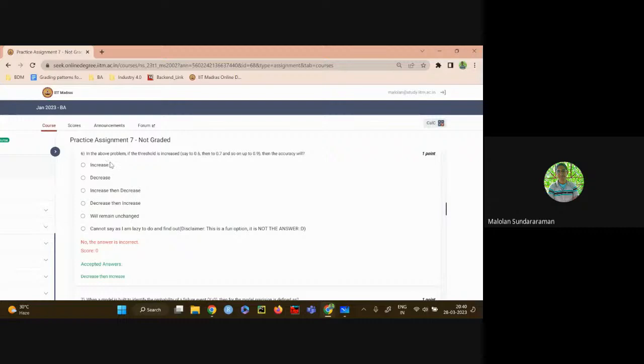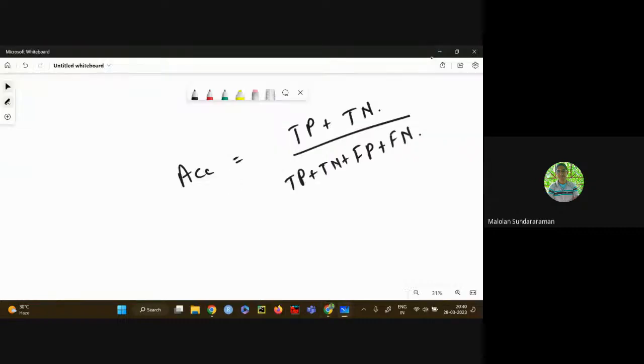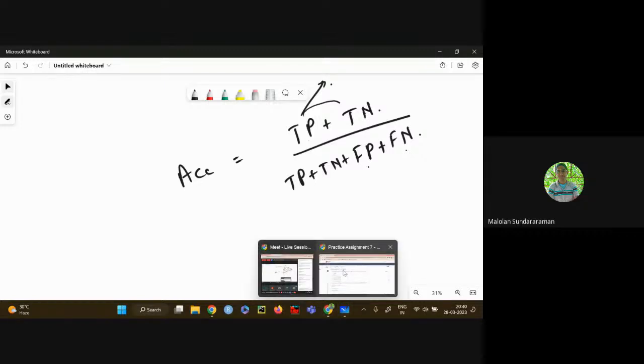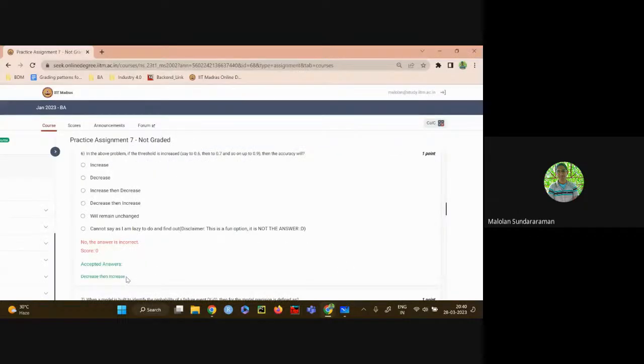For this problem, it happens because if I increase the threshold, the movement tends to be more initially towards the outer cases. That is, the predictions are neither true positives nor true negatives, but become false positives and false negatives initially. Then I believe the number of true negatives increases, so the accuracy starts to increase. That is why in your case it decreases, then increases. It varies from model to model. That is why the choice of your threshold is very important.